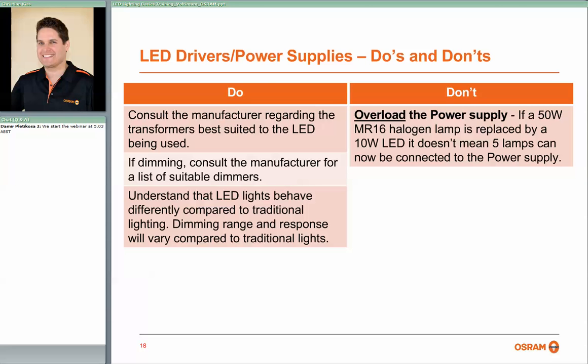Again, LEDs behave quite differently to a traditional lamp, so there's a high inrush current on LEDs, and this puts a strain on the transformer. So again, going back to the manufacturer specifics, they may say put 2 of these lamps on a transformer, or what is often the case, if you're replacing a 50 watt lamp and the lamp's designed to have similar output to a 50 watt, then treat it as a 50 watt load and basically have 1 transformer per lamp, and don't put more than that, because that can create problems.